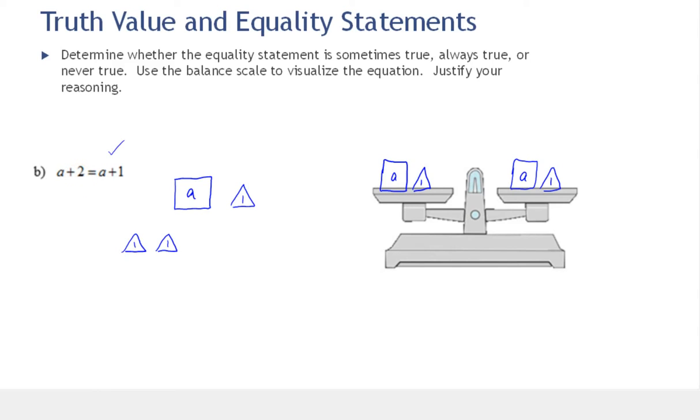If we add an additional 1, you can visualize that the scale would tip downwards because the left side would be heavier. There would be 1 more. It doesn't matter what A is, these two will never ever be equal. So this is never, never, never true.